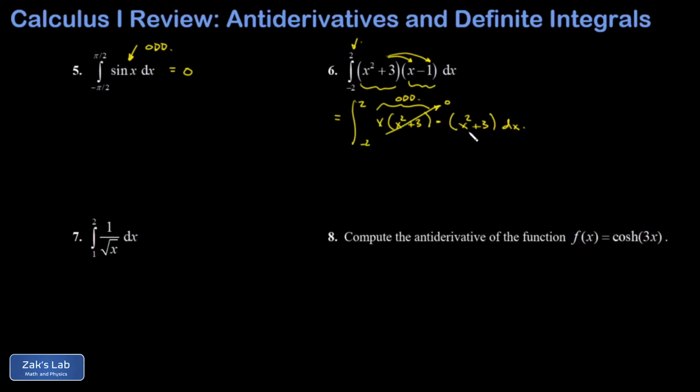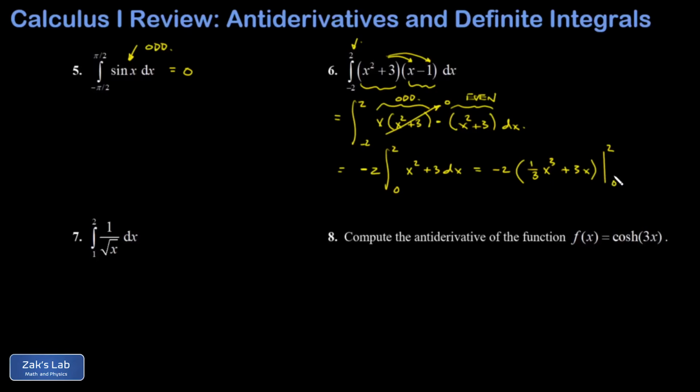The other piece, this negative x squared plus 3, that's an even function. I'll pull the minus sign out in front, and I know that when I integrate an even function on an interval symmetric about the origin, I can just take twice the integral over half the interval. Now I guess antiderivatives, so I add 1 to the exponent on x and divide by the resulting number, and then the integral of 3 is 3x.